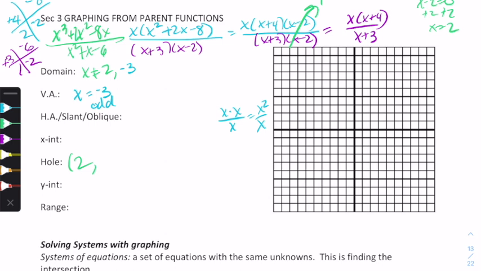Or I can distribute here on top and get that this is really x squared plus 4x over x plus 3. Well, if I do that, I can use synthetic division. So instead of doing long division from over here, I'm going to do synthetic division with this, and I'll end up with the same answer either way I had done it.